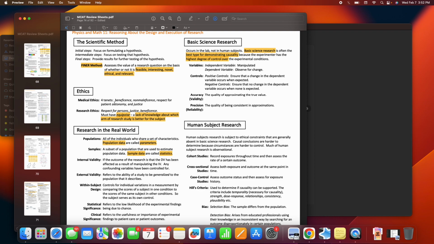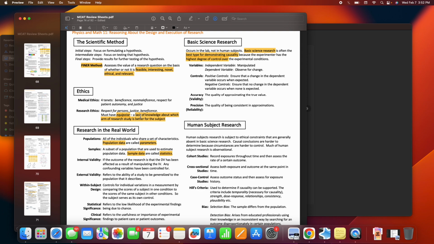Medical ethics focus on four tenets: beneficence, nonmaleficence, respect for patient autonomy, and justice. Research ethics: respect for persons, justice, beneficence, and it must have equipoise, which is a lack of knowledge about which arm of a research study is better for the subject.